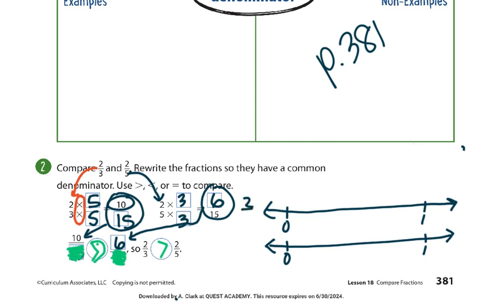I'm going to label 2/3 so we can find it here. The denominator's 3, so I slice it up into thirds. I double check that I divided it right. 1, 2, 3. I know that they're going to need 2/3, so I know I'm going to box 2 parts of my number line.